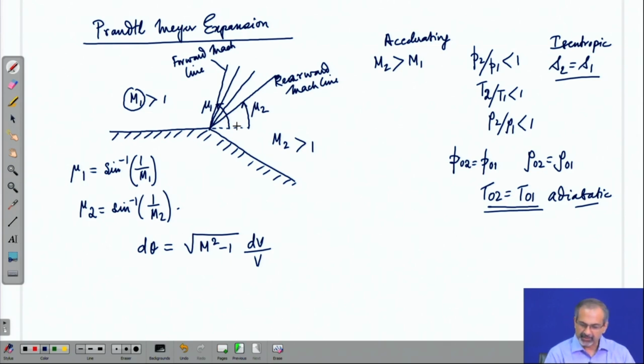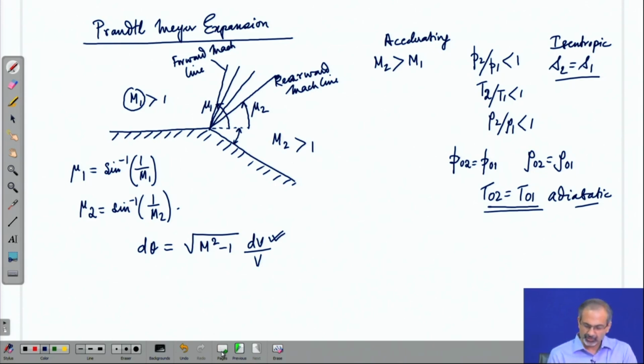So, if it is a differential change, if it is a small angle d theta, then there will be a small change in velocity downstream. Obviously, the velocity will increase, but there will be a small change. Now, if that angle is not differential, but rather it is a finite small angle, then you have to integrate that relation, and then finally, after you do, you will come up with the so called Prandtl Meyer function.